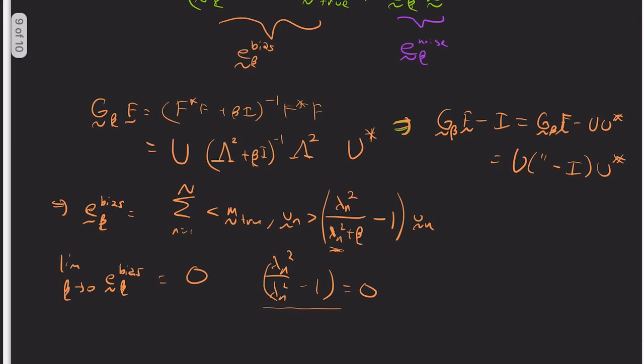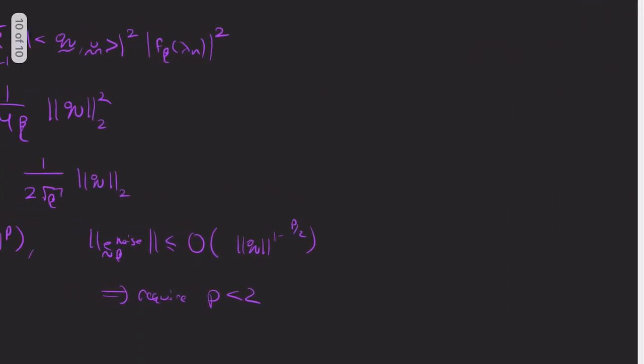And all that we required here was that beta goes to 0. In other words, that beta is order eta to the p, if we want to use polynomials here. So p has to be greater than 0 for that to happen.